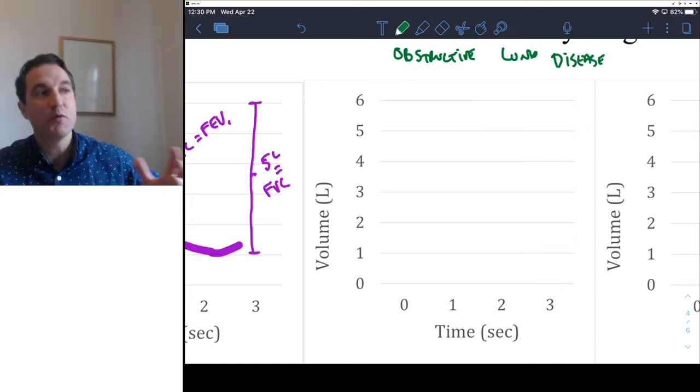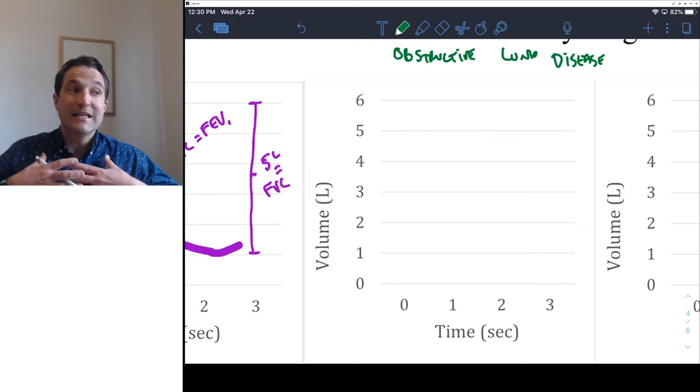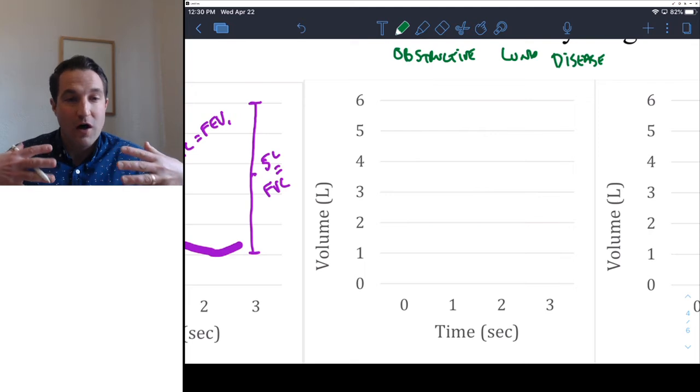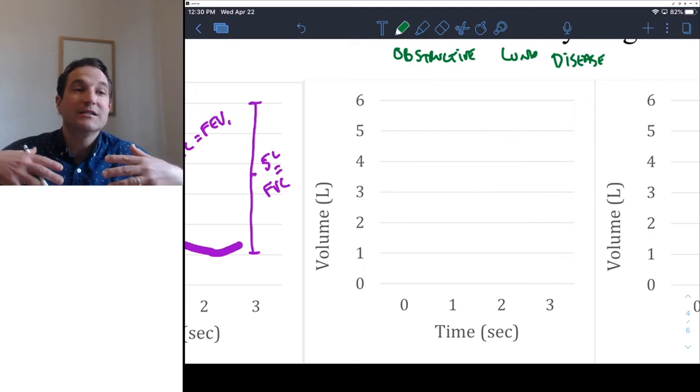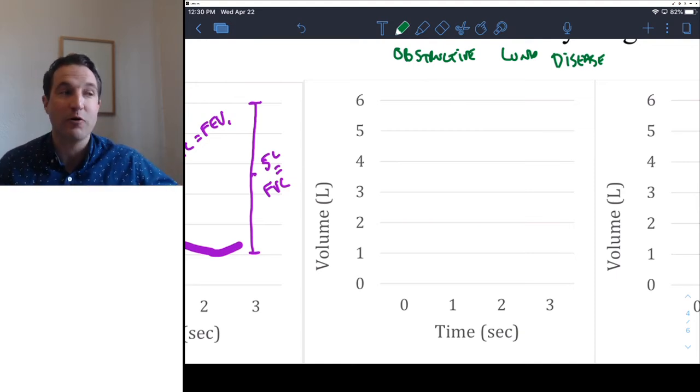And it's interesting, people with obstructive lung disease with COPD, you might even see that they have like an expanded chest. Their total lung capacity may even increase because they're trying to compensate for their inability to breathe out. So they actually breathe in more air just to compensate for the fact that they can't breathe out.